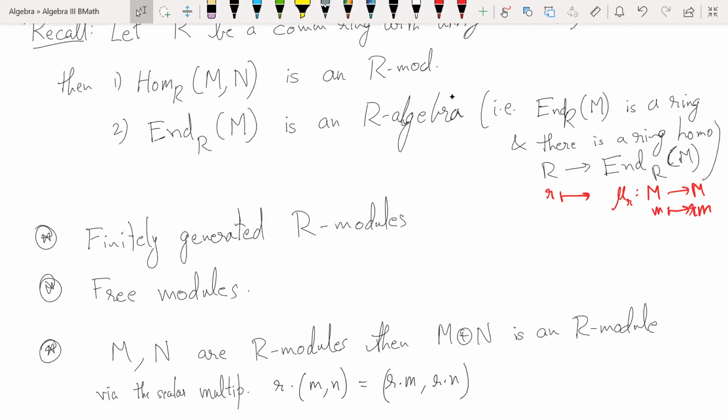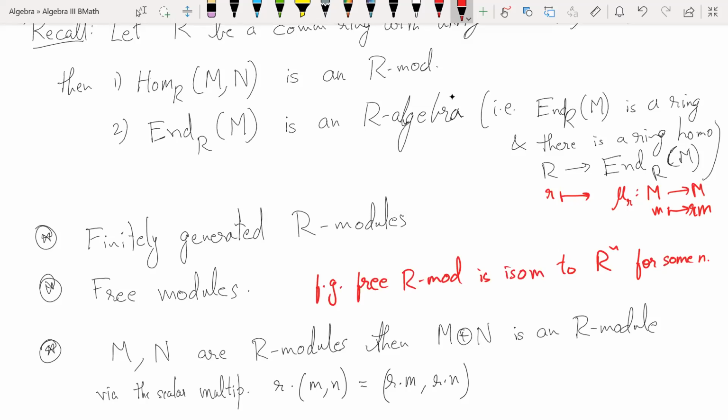And we saw that any finitely generated free R module is isomorphic, as an R module, to R^n for some n. And this n is basically the length of the basis.